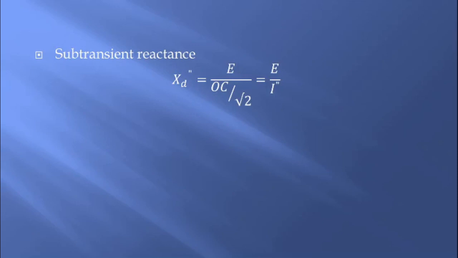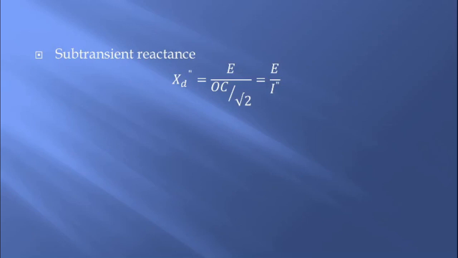So you can either find out reactances through the equivalent circuit, or you can find out reactances through this equation, also through the oscillogram. So Xd double dash is equal to E upon OC by root 2. OC by root 2 is nothing but the subtransient current here. OC is the maximum value, and that is why we are dividing by root 2 to get the RMS value.